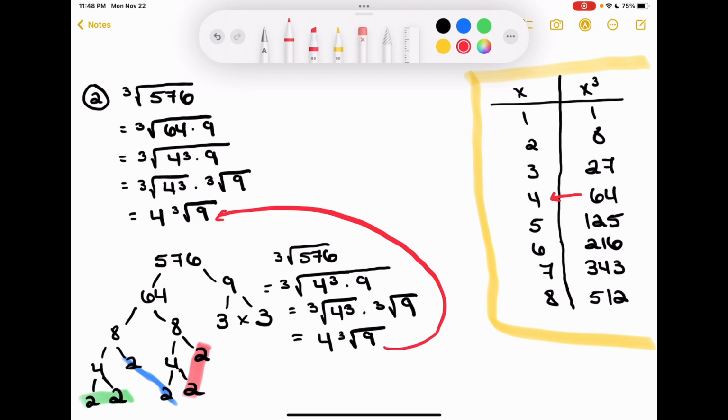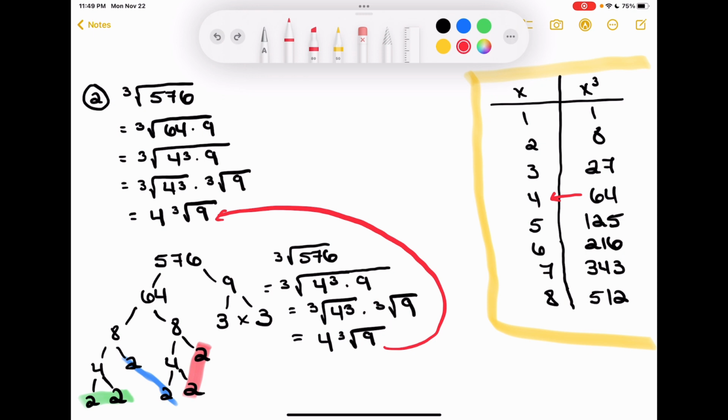So to reiterate, like the last problem, if I'm doing the prime factorization method, I'm going to want to take this 576 and divide it until all the numbers that make its factors are prime numbers. And then I want to assign the numbers such that they make equal groups. So for this, we had 3 equal groups of 2, and we couldn't make equal groups using the 3, so we knew that was our remainder.